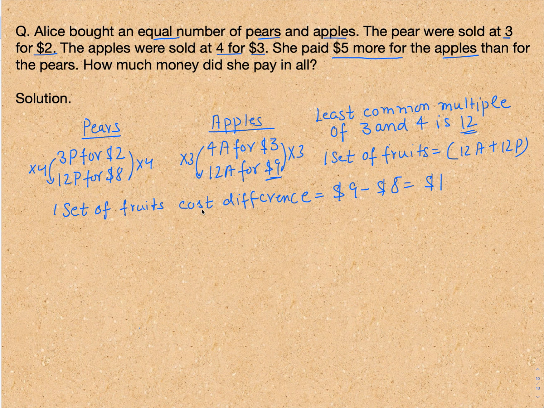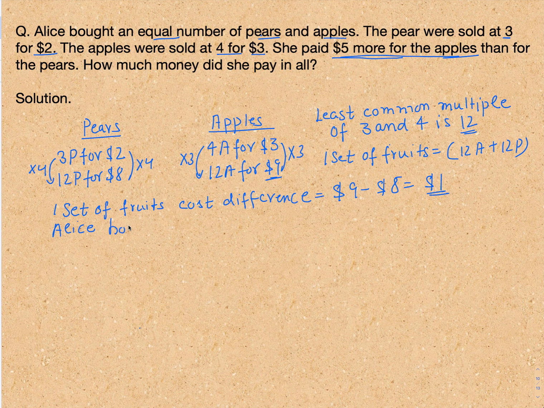That means if she had bought one set of fruits, 12 pears and 12 apples, she would have paid $1 more for apples. But here, how much more has she paid for apples? She paid $5 more, not $1 more. $1 is for one set. So that means Alice bought how many sets?